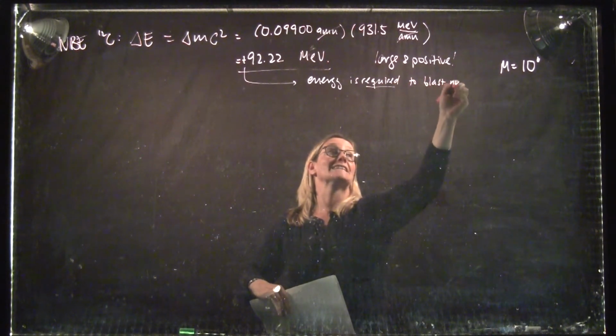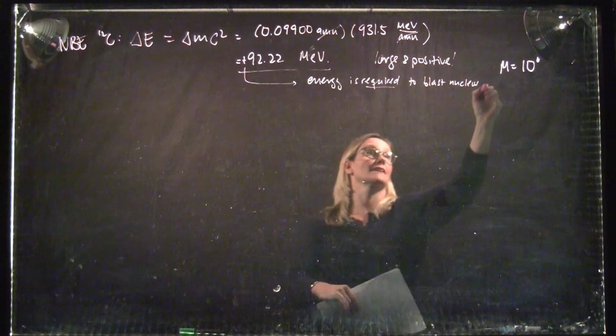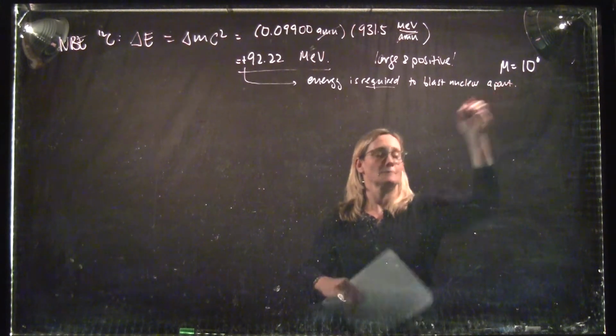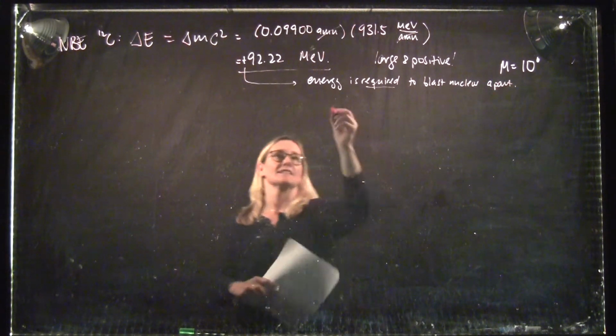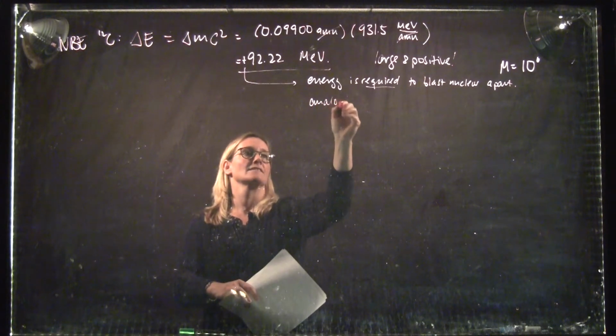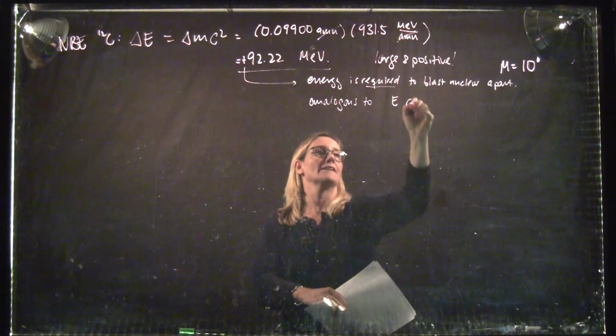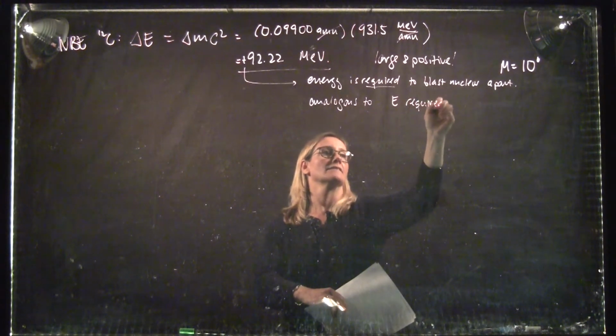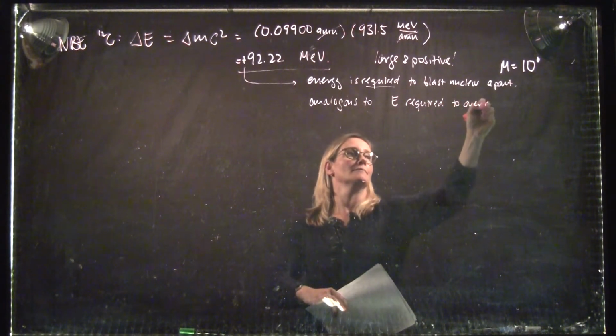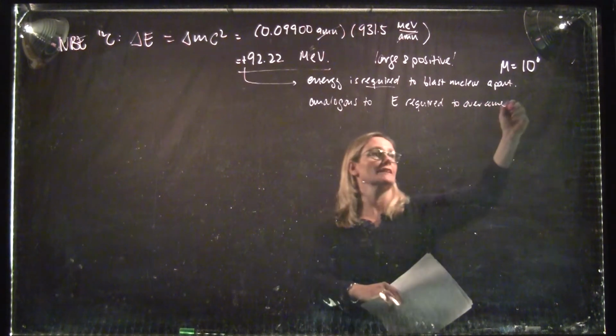So I have to put energy in to do that. The nucleus is very strongly bound together. So this is analogous to energy required to overcome the electrostatic attraction of an electron to the nucleus.